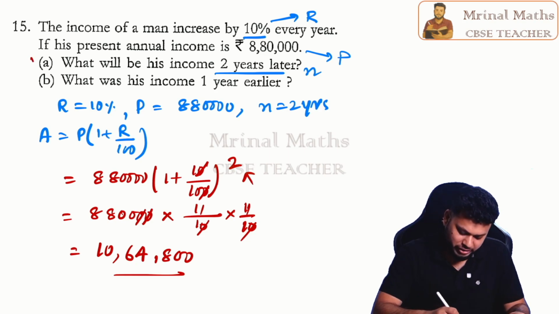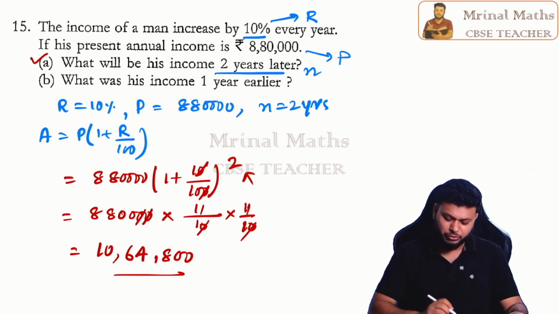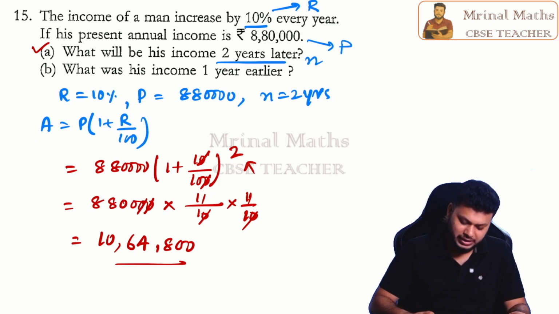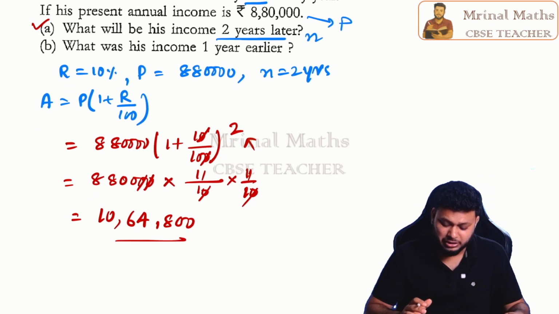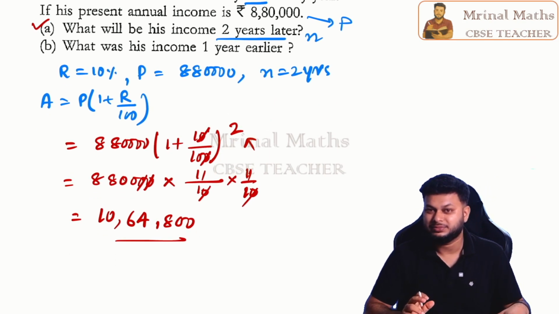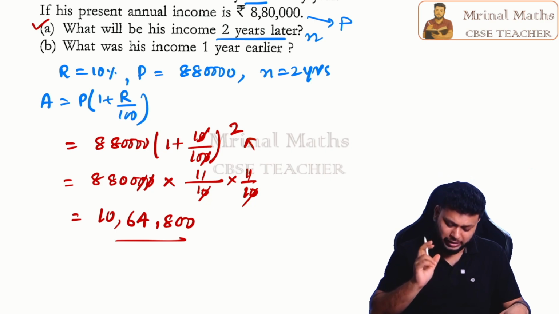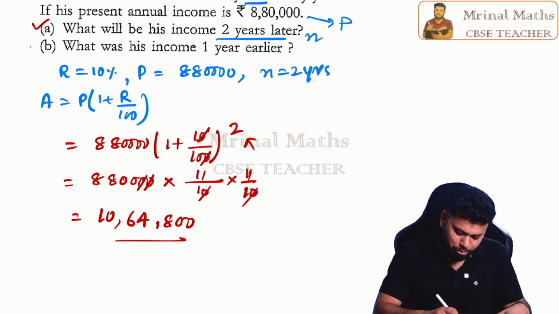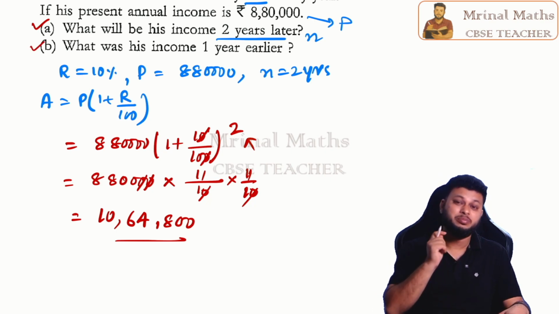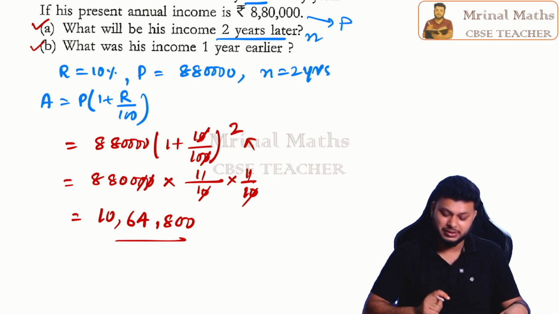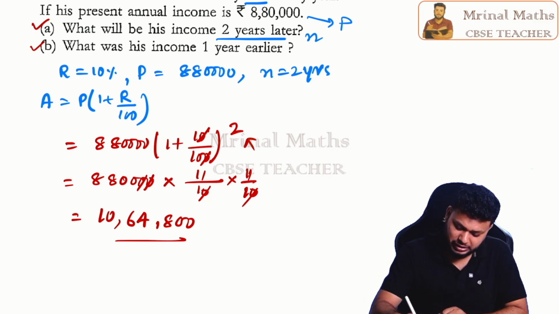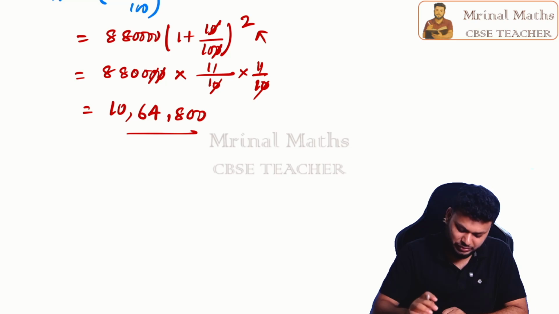Now we are done with A. Now if you look at part B, it says what will be his income 1 year earlier. Okay. Now to understand the point B, let's break A first. See, in question number A, look what I'm just writing.